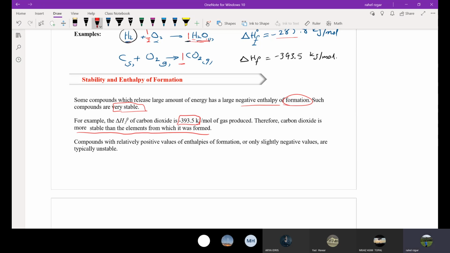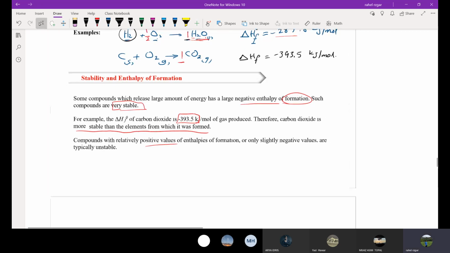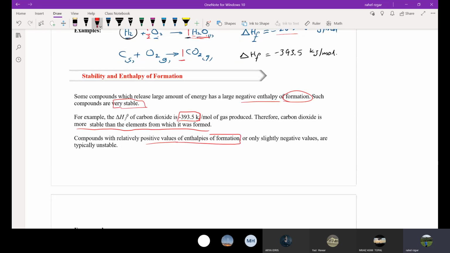But compounds with relatively positive values of enthalpies of formation, so if delta HF is positive, or only slightly negative values, are typically unstable.